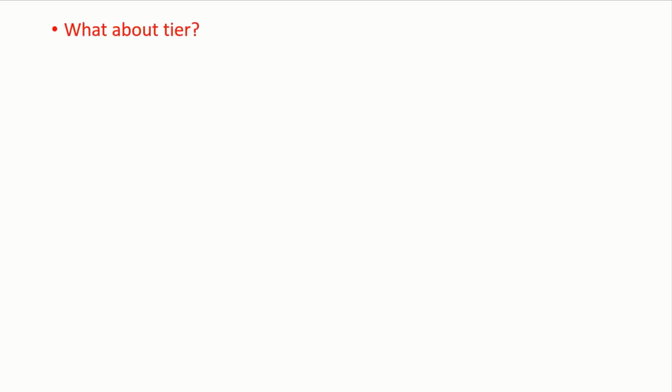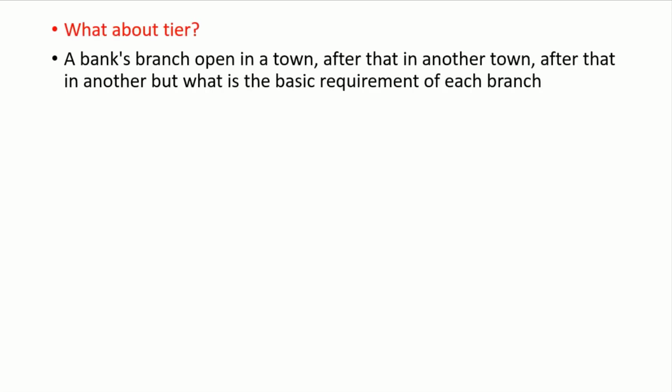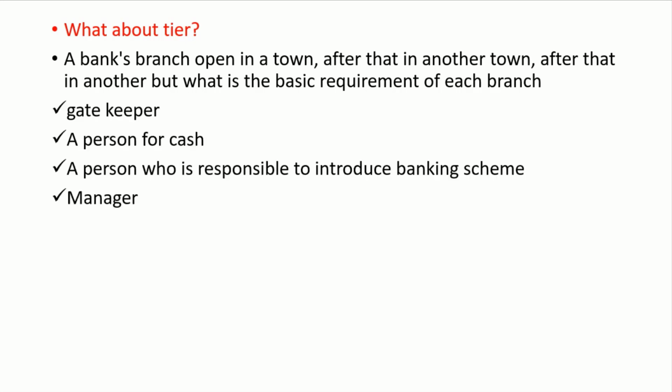Okay, now let's move on. What about tier? A bank's branch opens in a town, after that in another town, after that in another. But what is the basic requirement of each branch? Gatekeeper, a person for cash, a person who is responsible to introduce banking schemes, and a manager. These are the basic requirements of each branch.